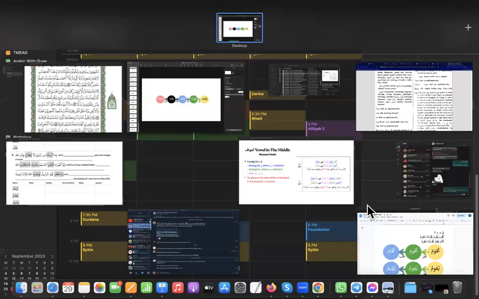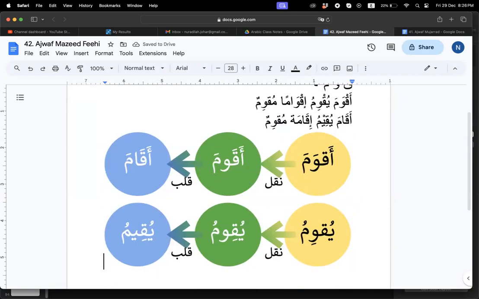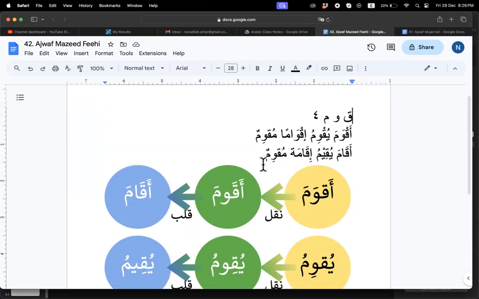But again, some people, like I said, are happy to just remember aqama, yuqimu, iqamah, right? Because this is a word that we are very familiar with. So they are happy to remember that. But I teach you this also. And the ism fa'il is basically like this one, because exactly the same, right?